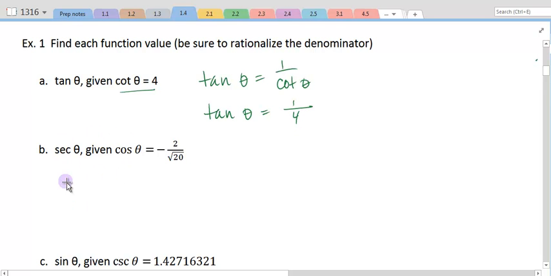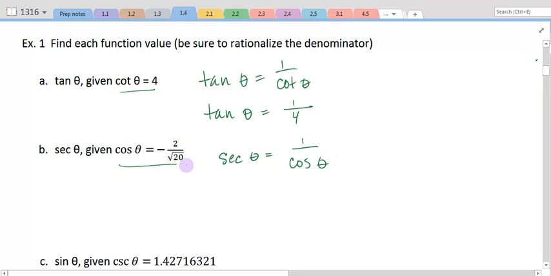Now let's look at another example. This one is asking to find the secant of theta given the cosine of theta is -2 over the square root of 20. So the reciprocal identity for these 2 trig functions says that the secant of theta is 1 over the cosine of theta.